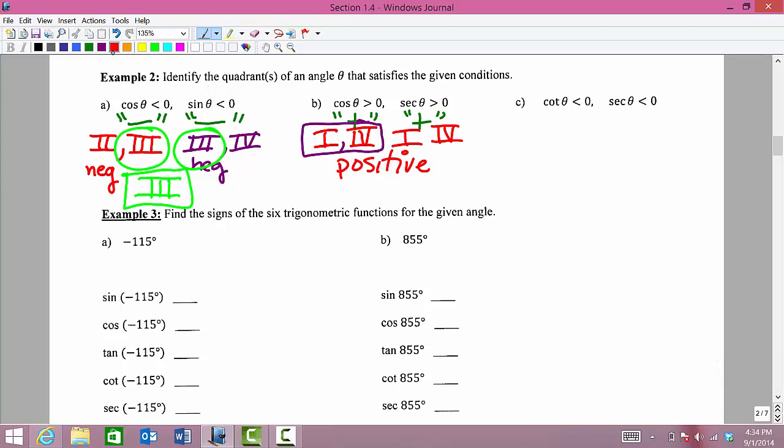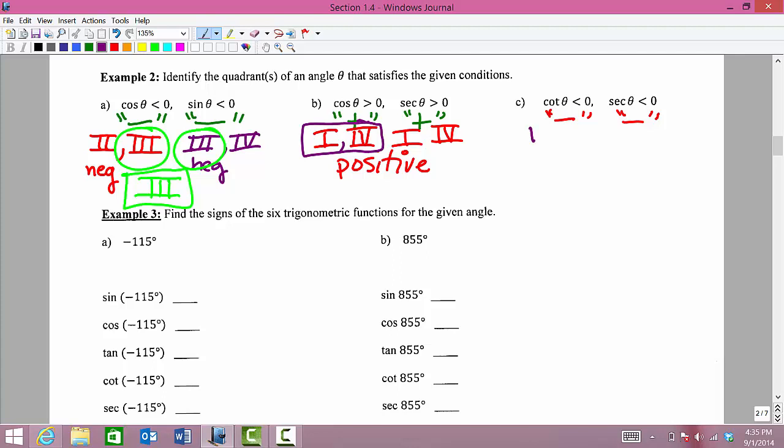In part C, cotangent theta is less than 0, so we want to find where cotangent is negative, and secant theta is less than 0, so we're talking about where secant is also negative. So where's cotangent negative? We know that cotangent is positive in quadrant 1 and in quadrant 3.